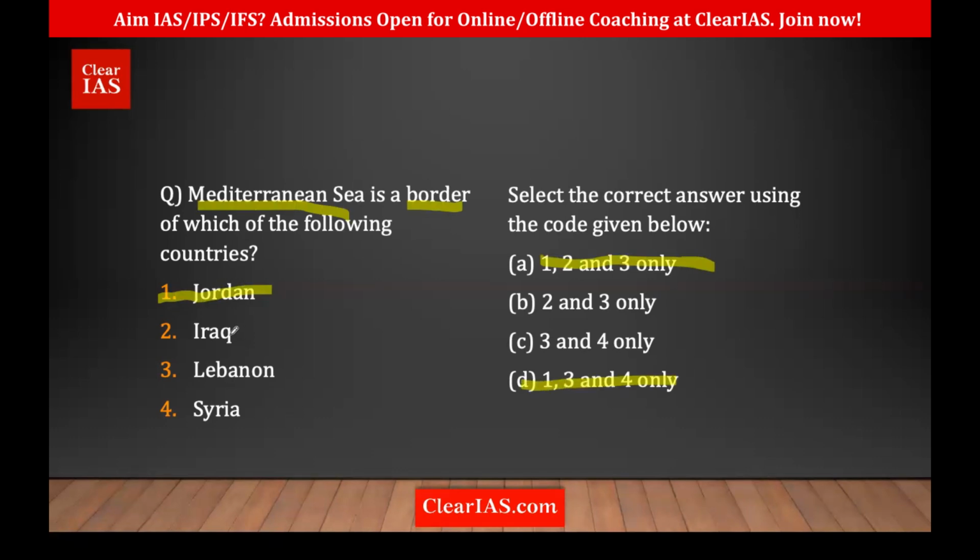Now we have Iraq, Lebanon, and Syria. We are not sure about Iraq, as we haven't learned it, but we learned about Lebanon and Syria. We know Lebanon is on the banks of the Mediterranean Sea. Syria is also on the banks of the Mediterranean Sea. So there's only one option with these two. So C is the right answer. This is how you eliminate the options and arrive at the answer. Clear?